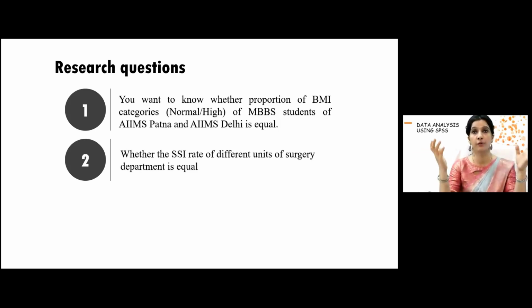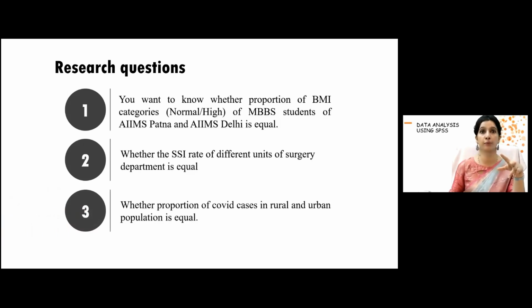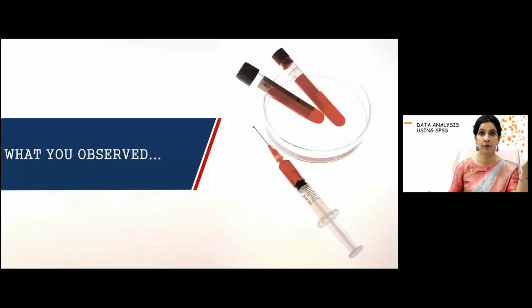Here you have to compare between two units. It cannot be different units. Between the two units of surgery, the SSI rate proportion, or whether the proportion of COVID cases in rural or urban are the same or different.